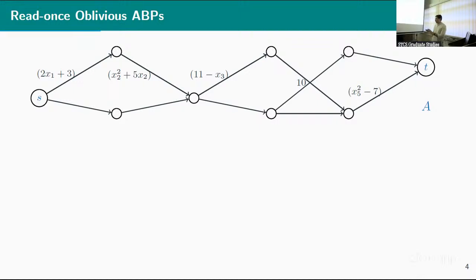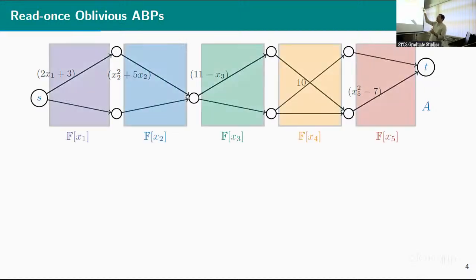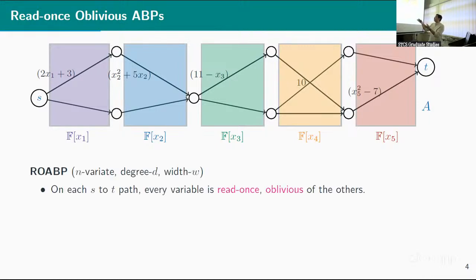Further, each layer will have univariate polynomials in one designated variable, and each variable uniquely appears in exactly one layer of edges. This is why it's called read-once oblivious: each variable is read exactly once on any S to T path, and while you're reading that variable, you don't get to see any other variable. So it's oblivious of the other variables.